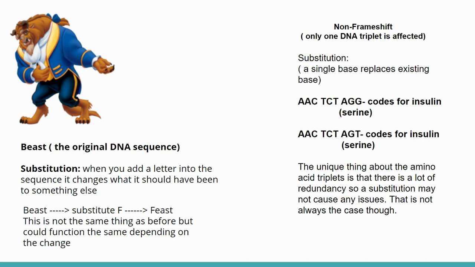So the unique thing about amino acid triplets or codons is that there's so much redundancy. I've already said that. So a substitution doesn't always mean an issue. That's not always the case though, and I'll talk about when it's actually dangerous. But usually, a substitution doesn't necessarily mean that there is a problem.